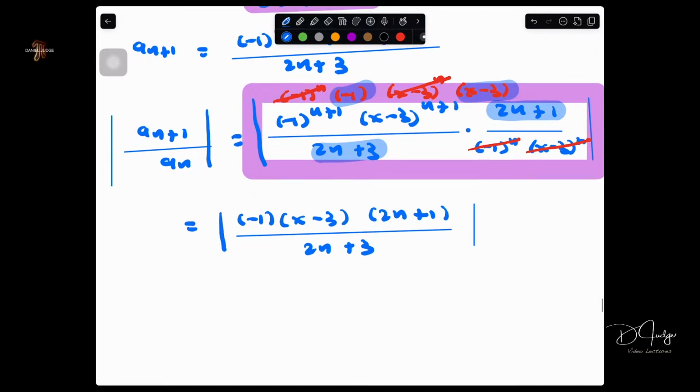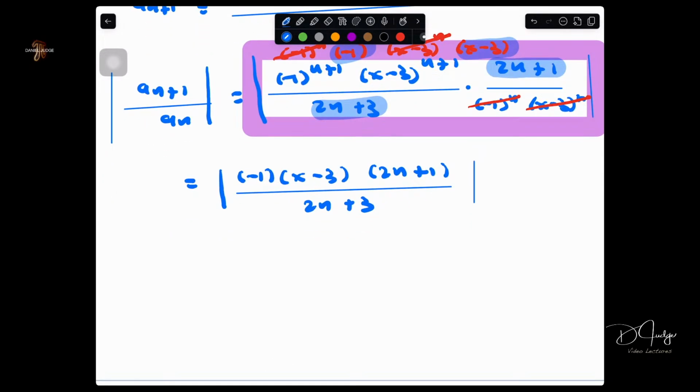All right. Now, using properties of absolute value, you've got the absolute value of negative 1, the product rule. I'm going to apply the product rule twice, and you guys can see exactly what I'm talking about.